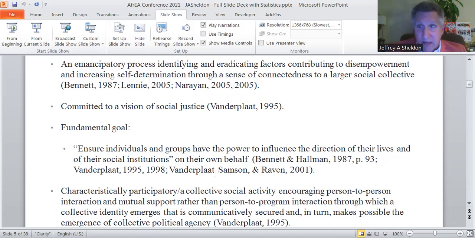A social intervention helps you to connect to a larger social collective. So I guess you could say that social intervention and the relatedness aspect of self-determination are very closely integrated.